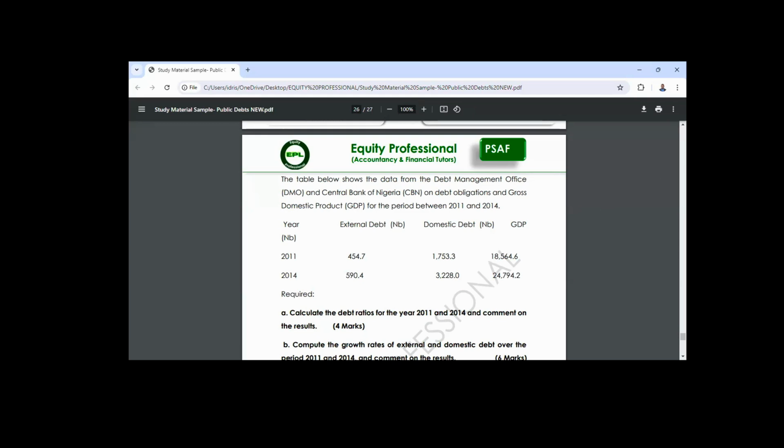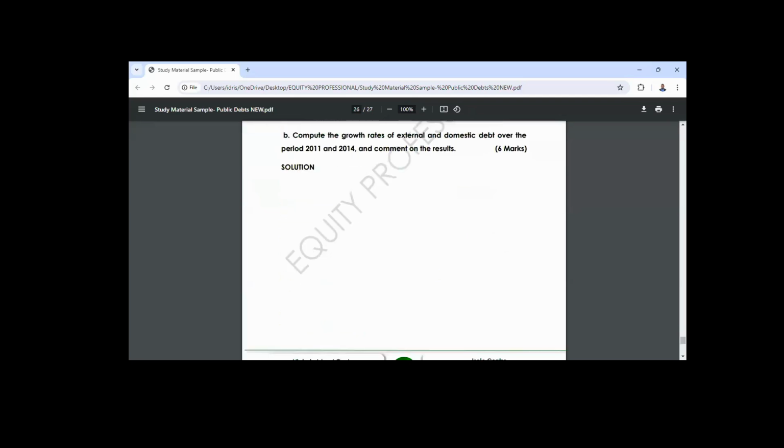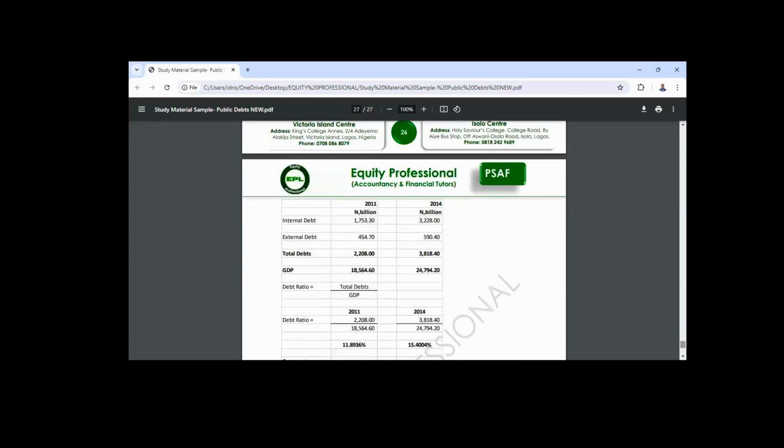Looking at this question, the first thing you need to do for each year is add your debt together, by adding up your internal debt and external debt. How do we do that?